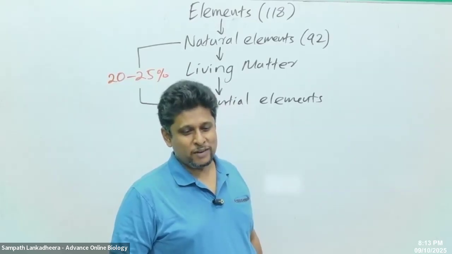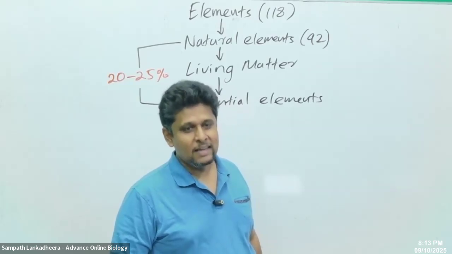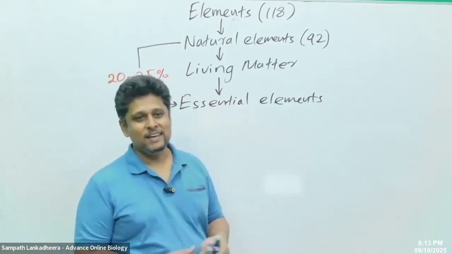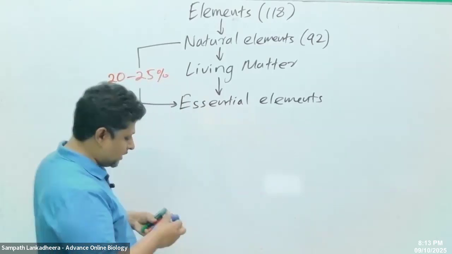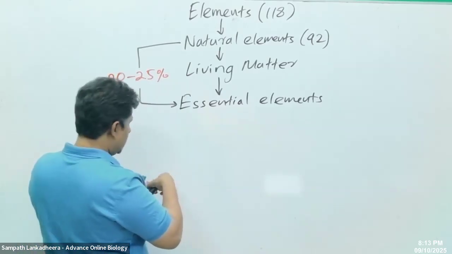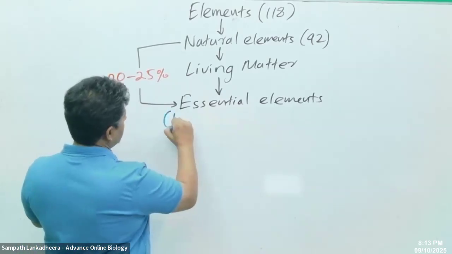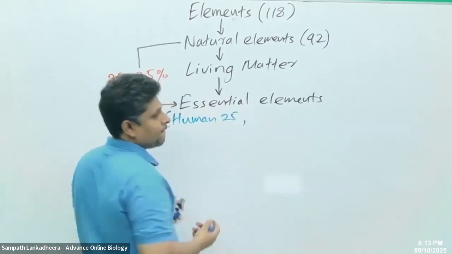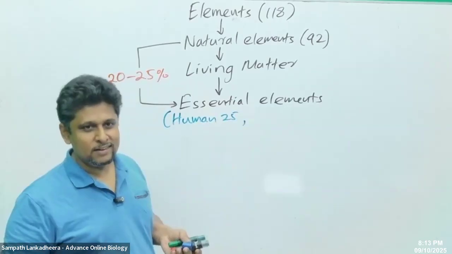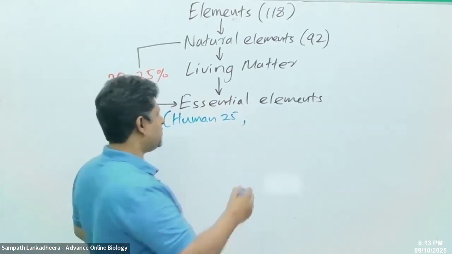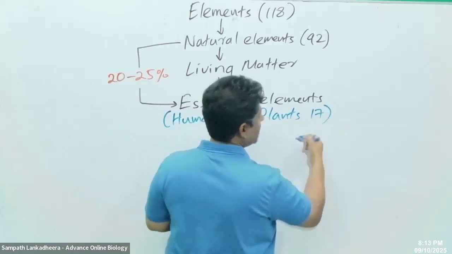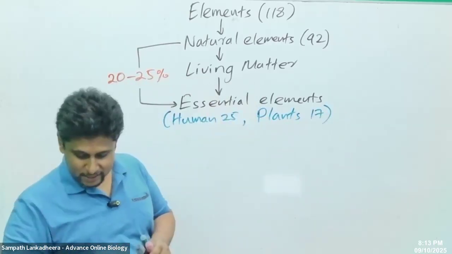In humans, 25 elements are essential, and in plants, about 17 elements are essential.